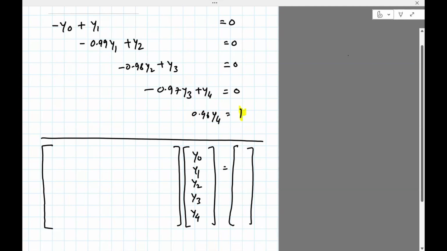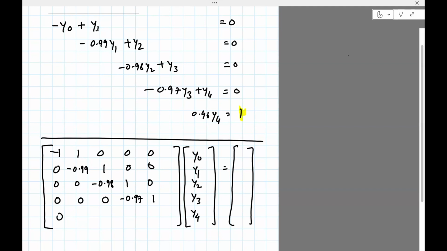And then I can easily read this off. It's minus y0 plus y1. So minus 1, 1, and everything else is 0. So there'll be 3 more zeros. Then we have 0.99 y1 plus y2. So 0 here. 1, 0, 0. Then 0, 0, 0, 0, 0.